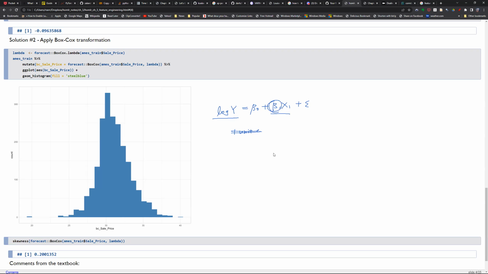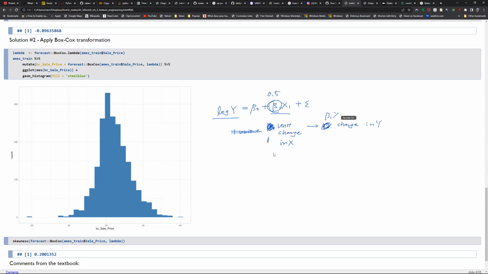So a 1 unit change in x causes a beta 1% change in y.